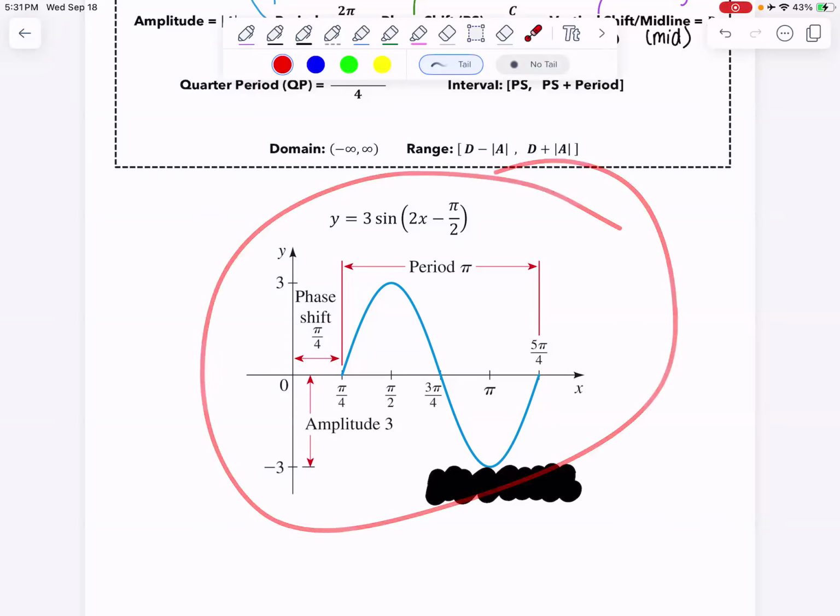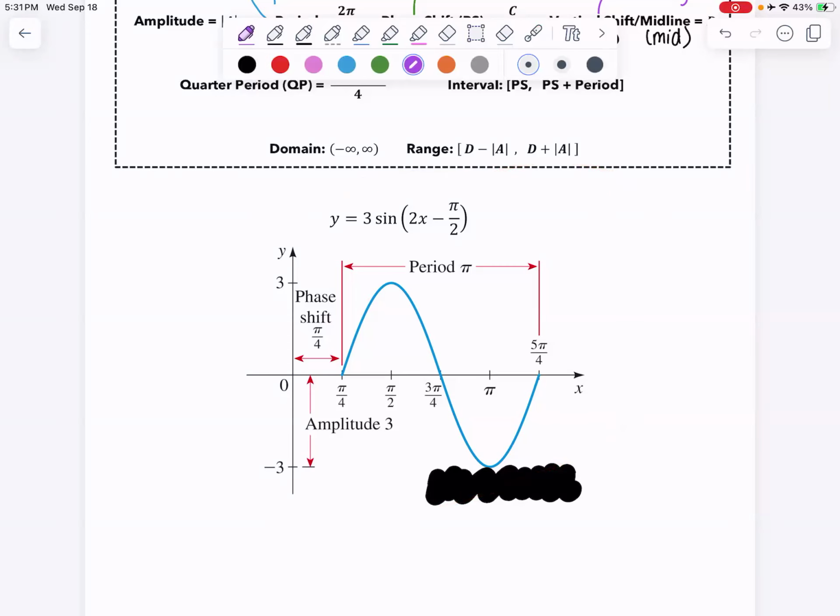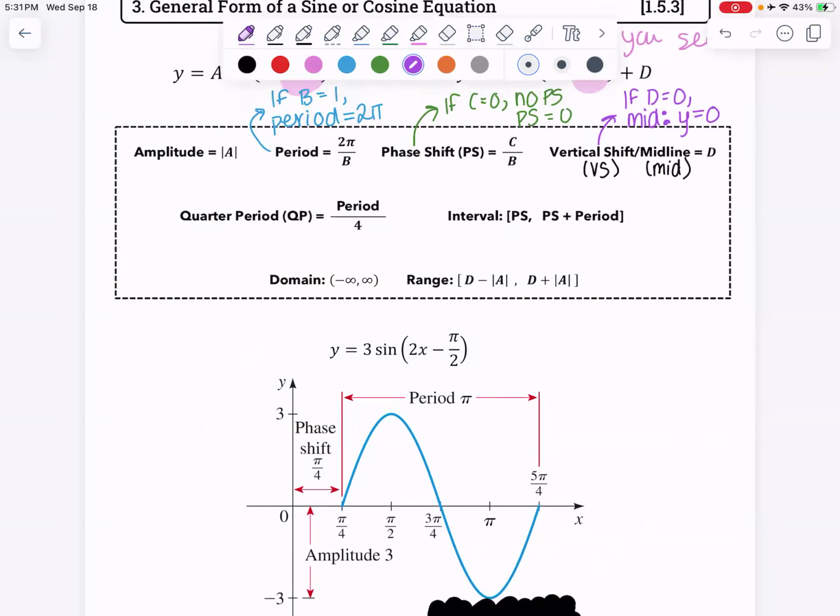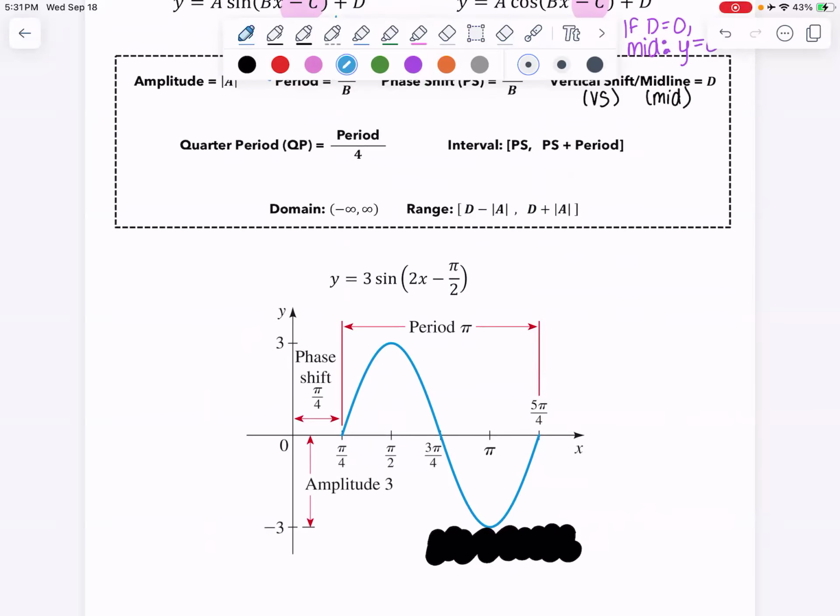So looking at this guy here, we can identify our values. A is equal to 3. B is 2. C, so this says minus pi over 2, so that means pi over 2 is our C value.